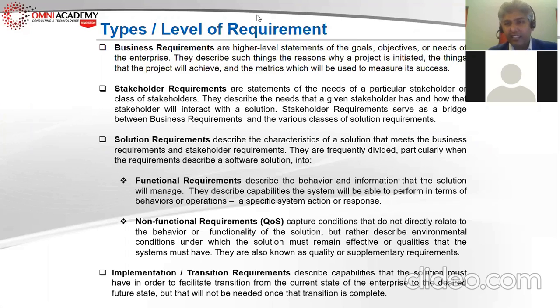Functional requirements are the specific capability, like how this solution will work, whereas non-functional requirements are usually quality of service requirements. It's actually like a behavior, like the right colors, fonts, size, web-based or not web-based, or performance, like the report should run at these timings and all this stuff.